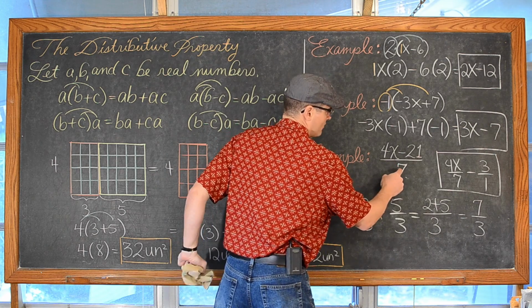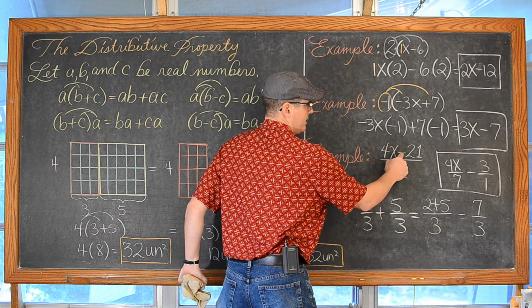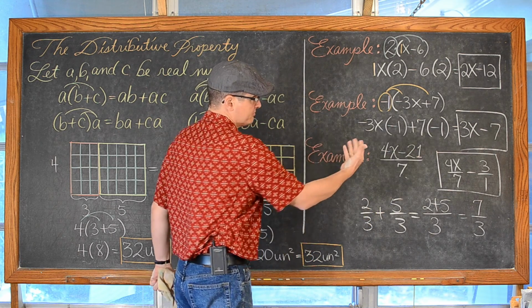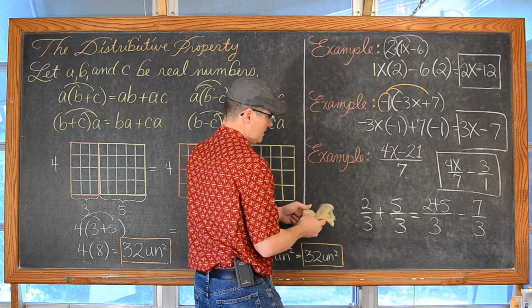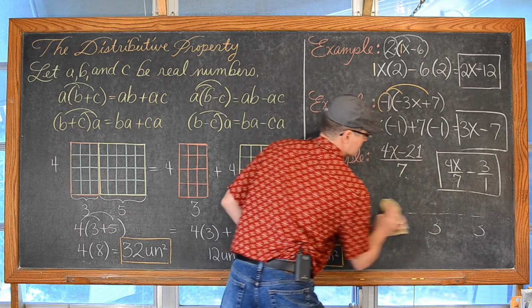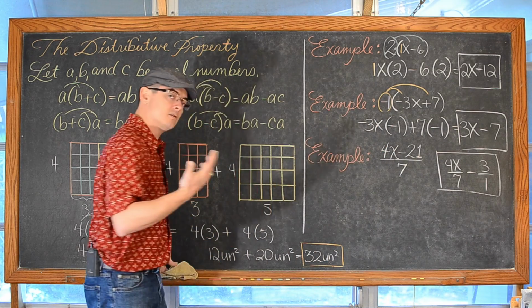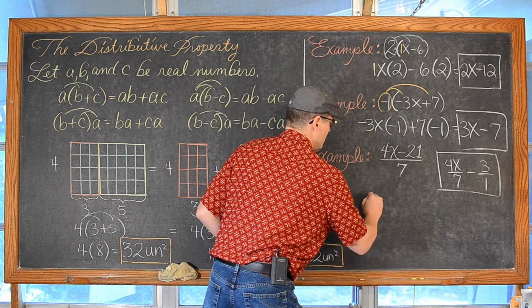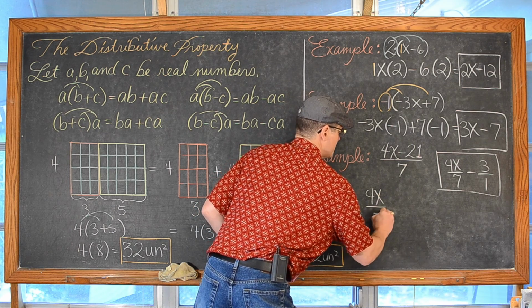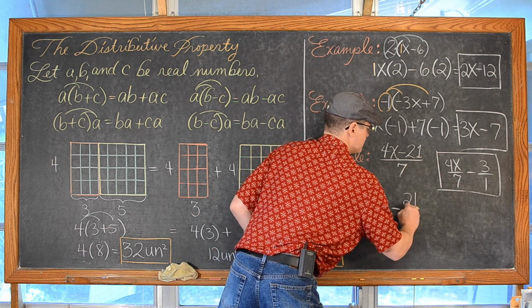Well, what do I have here? I have 1 term in the denominator and 2 terms in the numerator. So I can pull it apart and give each term in the numerator its own denominator, with our knowledge of how to add and subtract fractions, and get 4x over 7 minus 21 over 7.